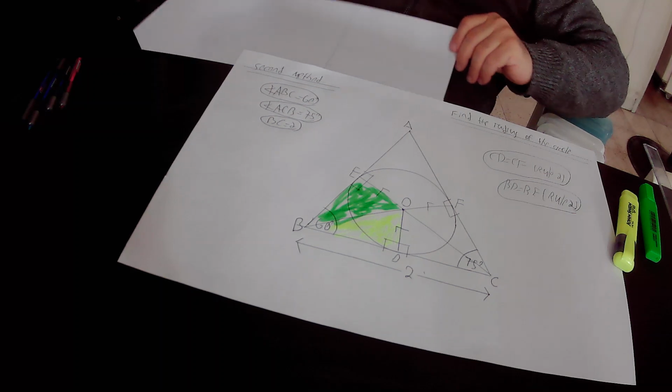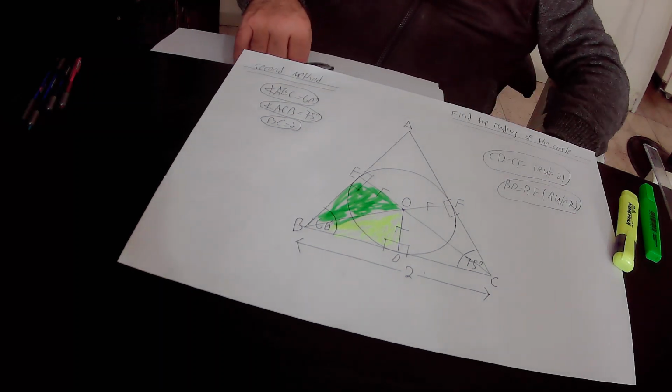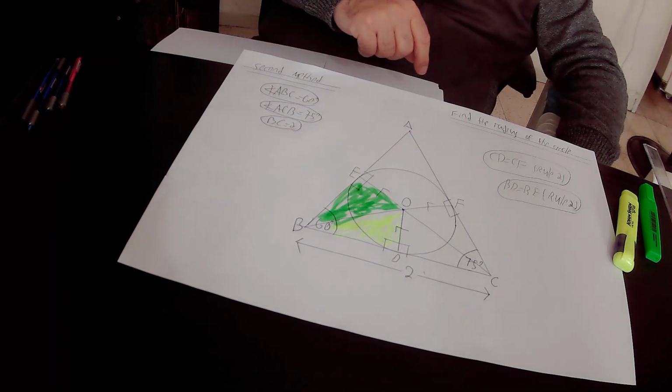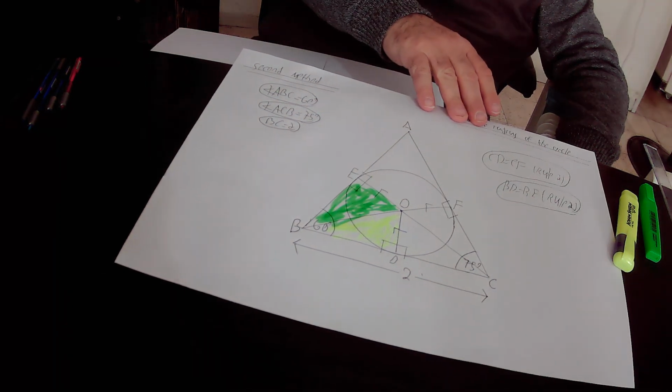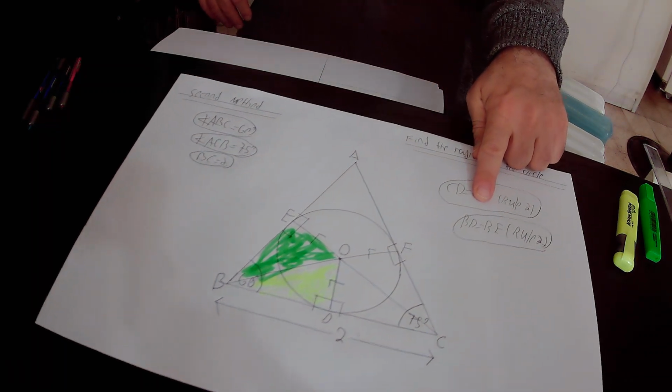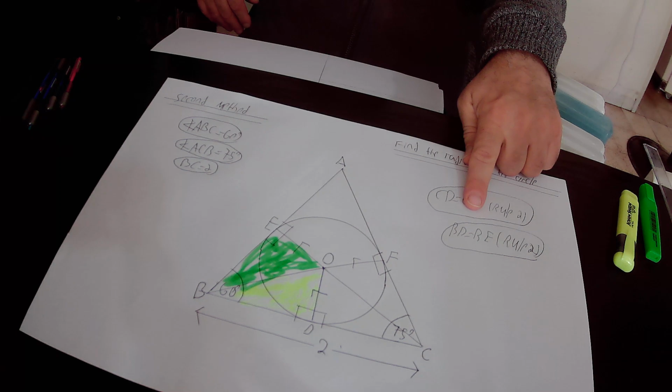In addition, BE equals BD according to rule number 2.